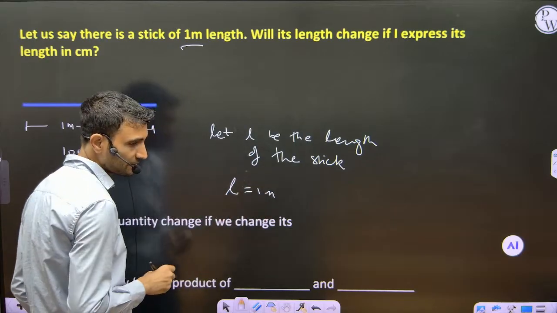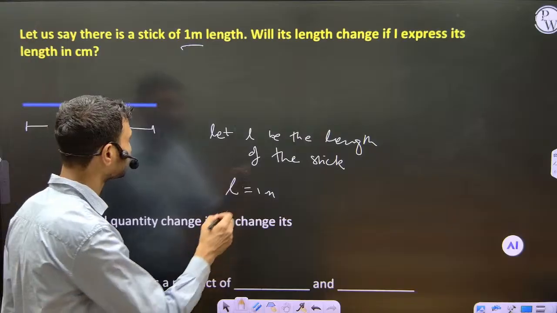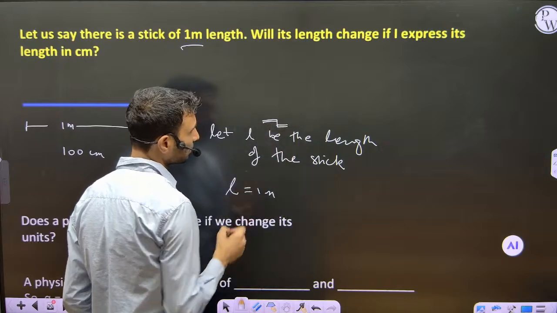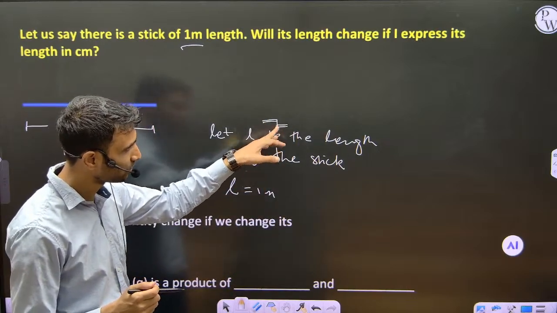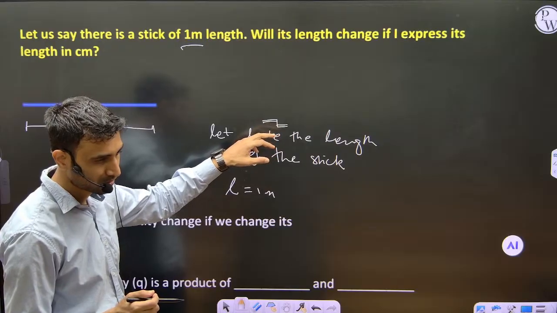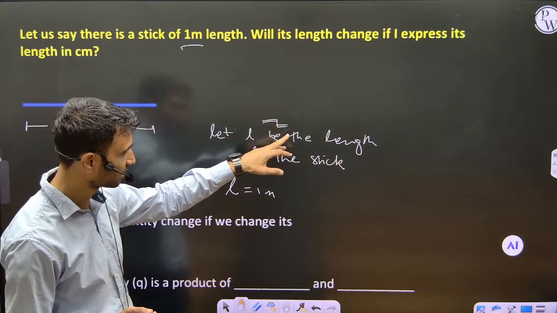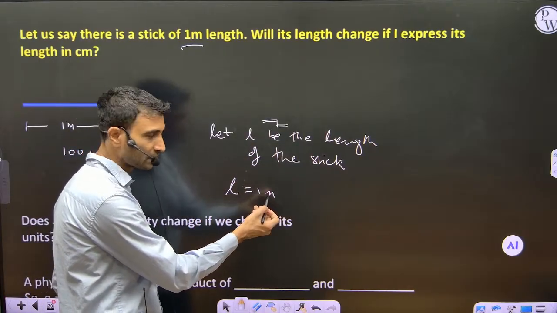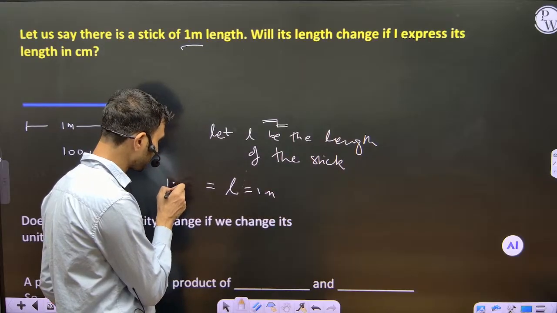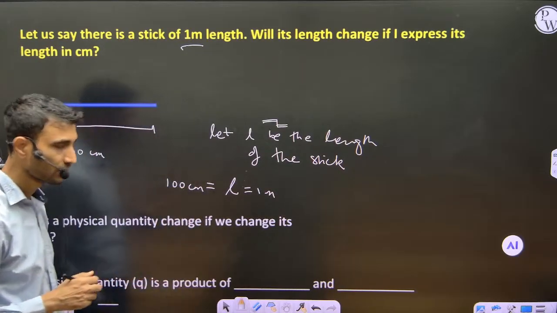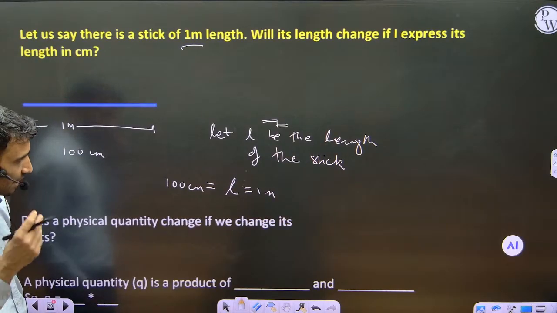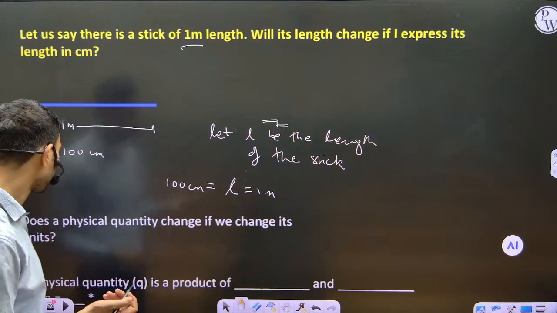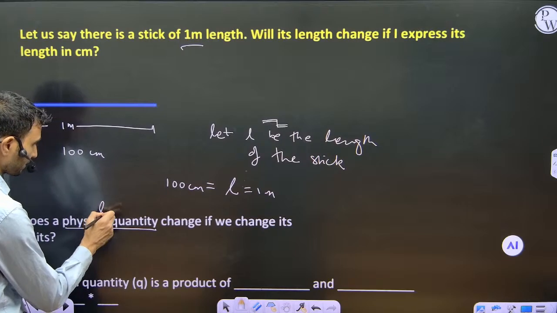L will be equal to 1 meter, but you know L is also equal to 100 centimeters, right? So L doesn't change. Whether you write it in meters or in centimeters, L remains the same.